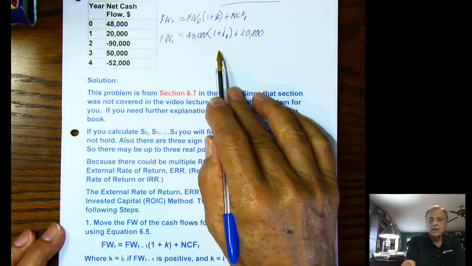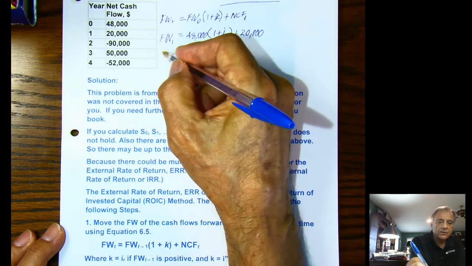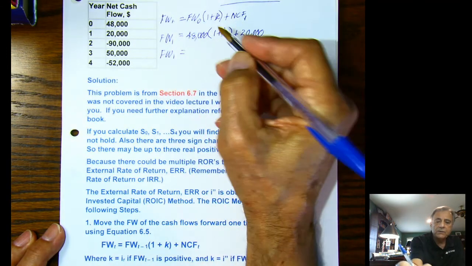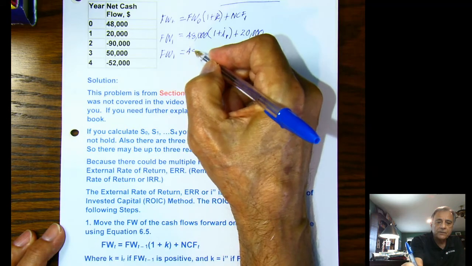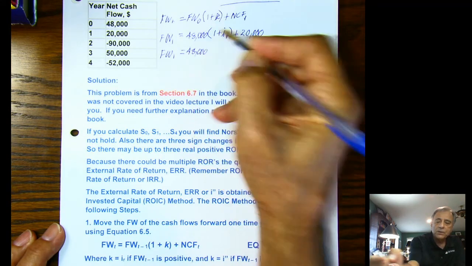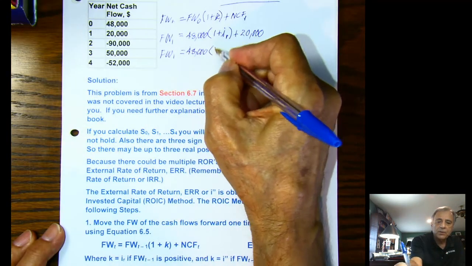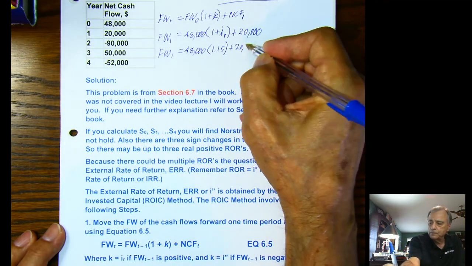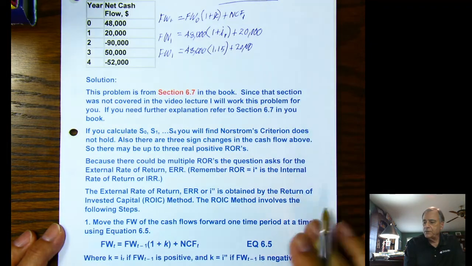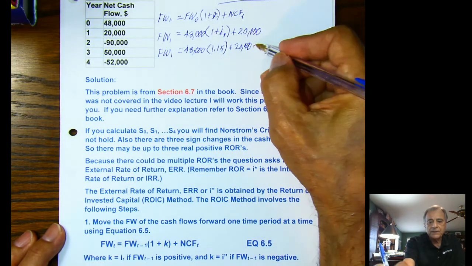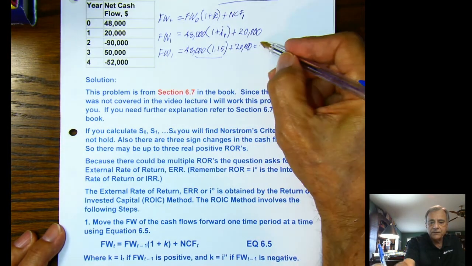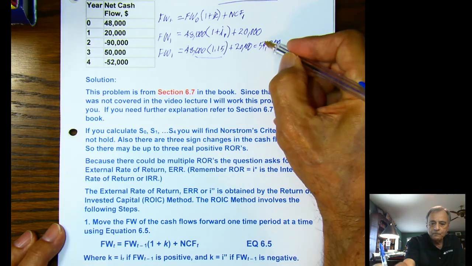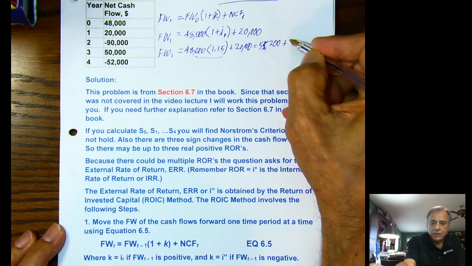Well, I sub r is 15%, so the future worth at time 1 will be equal to 48,000, that was the future worth at time 0, times 1.15 plus 20,000. And if you multiply that out, this product is 55,200 plus 20,000.